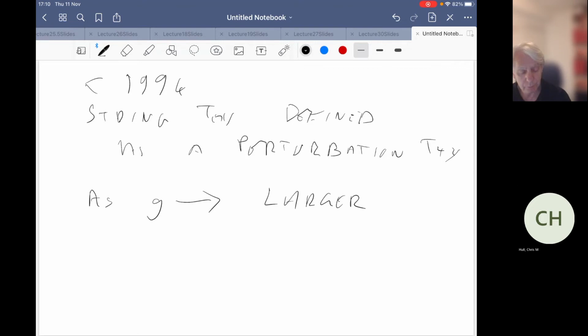So a big role in the presentation was played by the free field limit, where we take the coupling constant to 0 and we get the fundamental degrees of freedom, at least for the perturbative theory. But as one increases the coupling constant, there's a question about whether the fundamental degrees of freedom remain the same. And for many theories, what happens is that some of the degrees of freedom, some of the particles, may become unstable as you turn up the strength of the coupling.